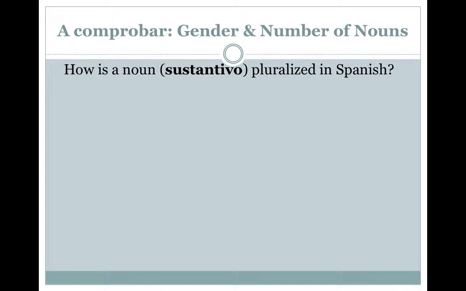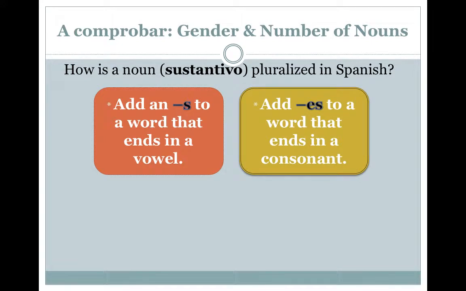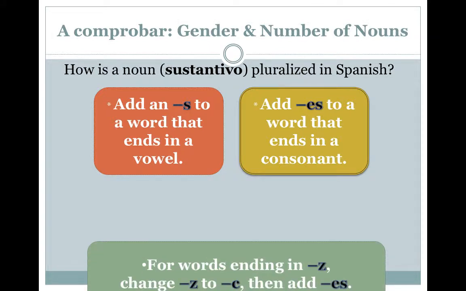Okay? So the rule in Spanish: if a noun ends in a vowel, remember that a vowel is any letter A, E, I, O, or U, it can be pluralized by adding an S. If a word ends in a consonant, any letter that is not A, E, I, O, or U, to make it plural in Spanish, you need to add ES.